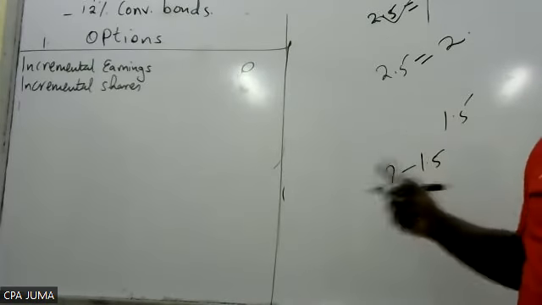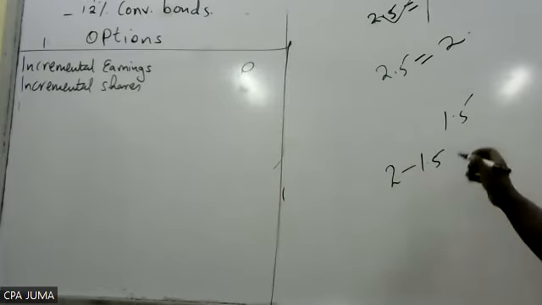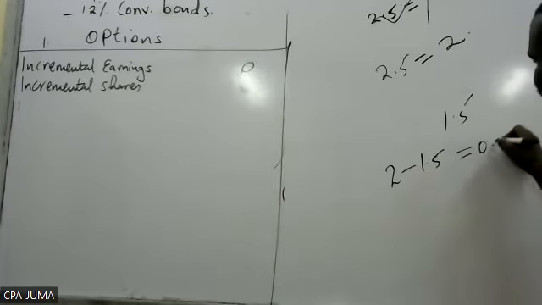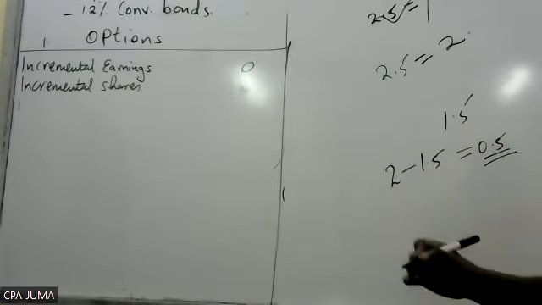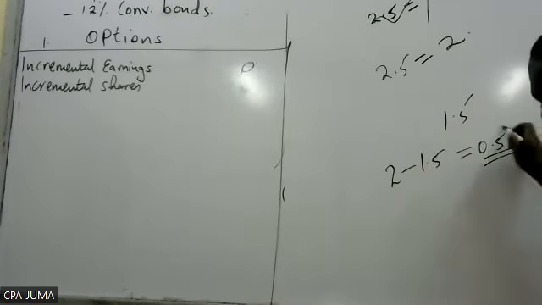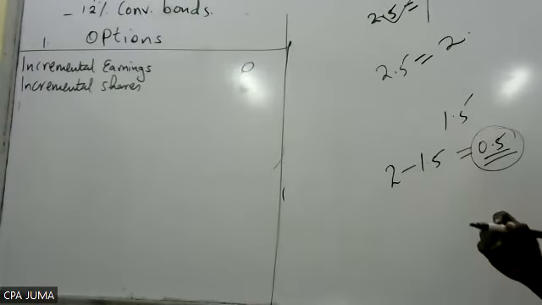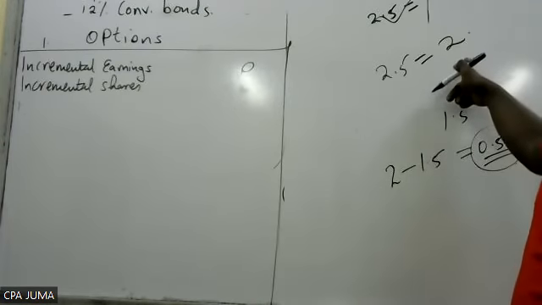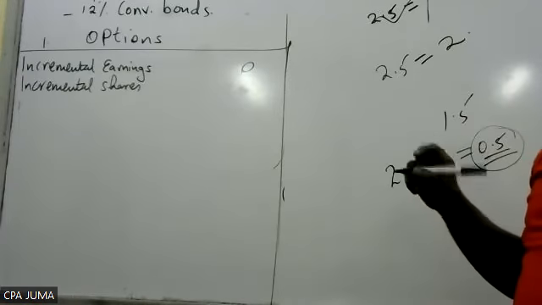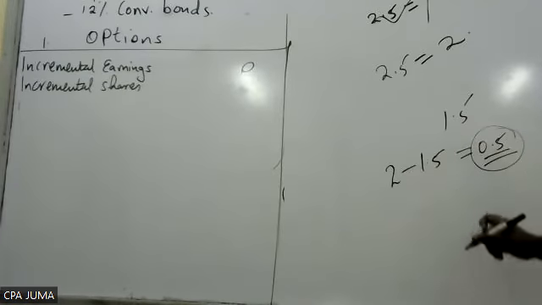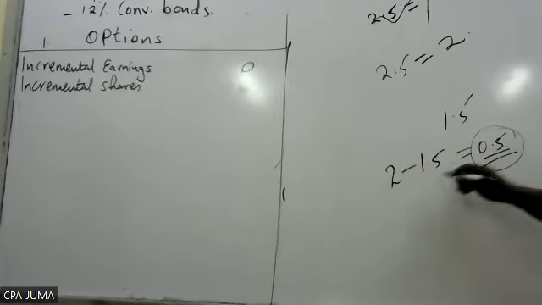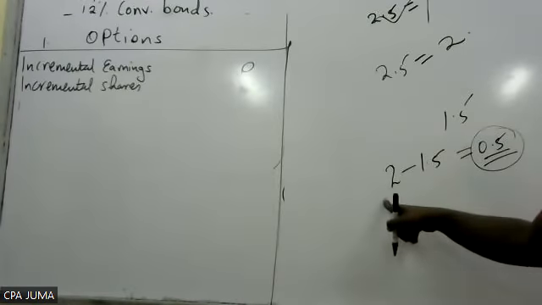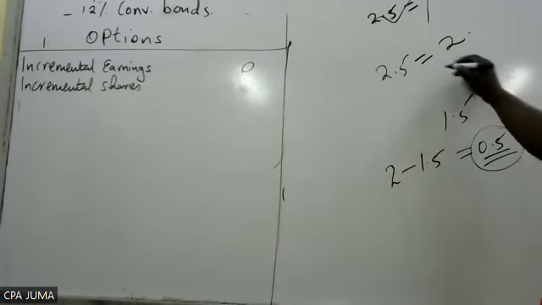They are enticing them to buy more, so it's an incremental. So how much? That is 0.5. For the options, the incremental is this difference between the fair value and the exercise price, which in finance you call intrinsic value. They are being told to buy at 1.5, but the average market price is 2. So the incremental is only 0.5.